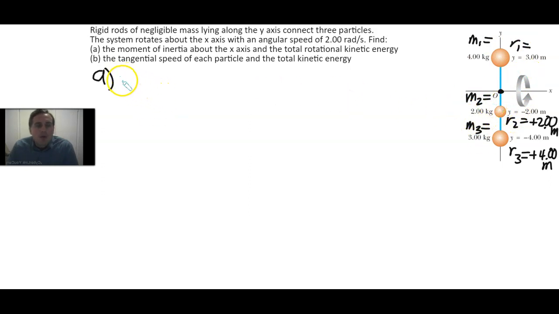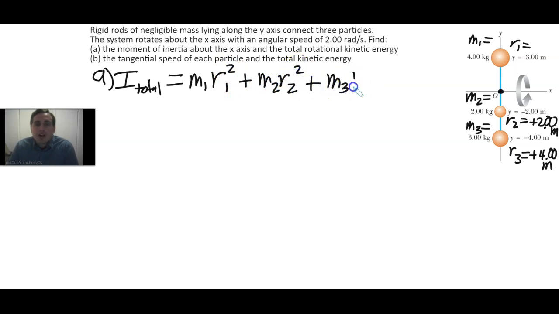So that means the total rotational inertia will be m1 r1 squared plus m2 r2 squared plus m3 r3 squared. Notice that we're using the formula m r squared, which is the rotational inertia formula for a point mass, and we're just making it specific to each of these masses. So let us insert each of the numbers.